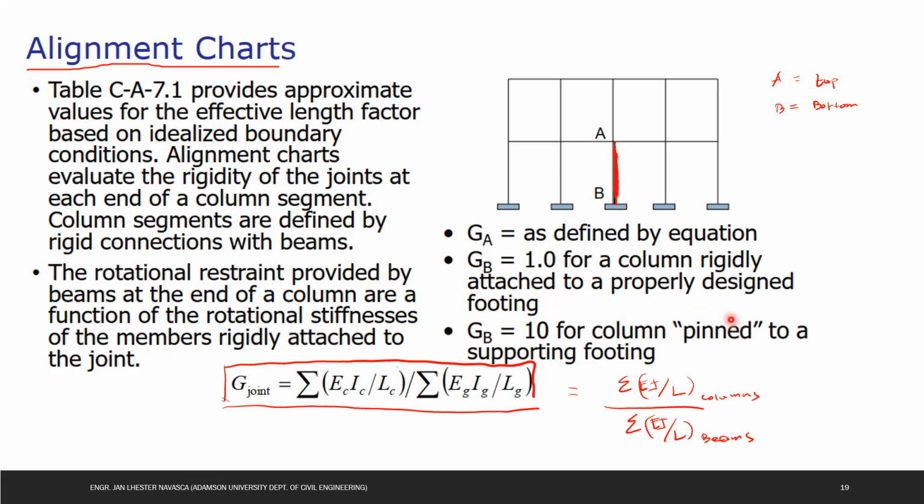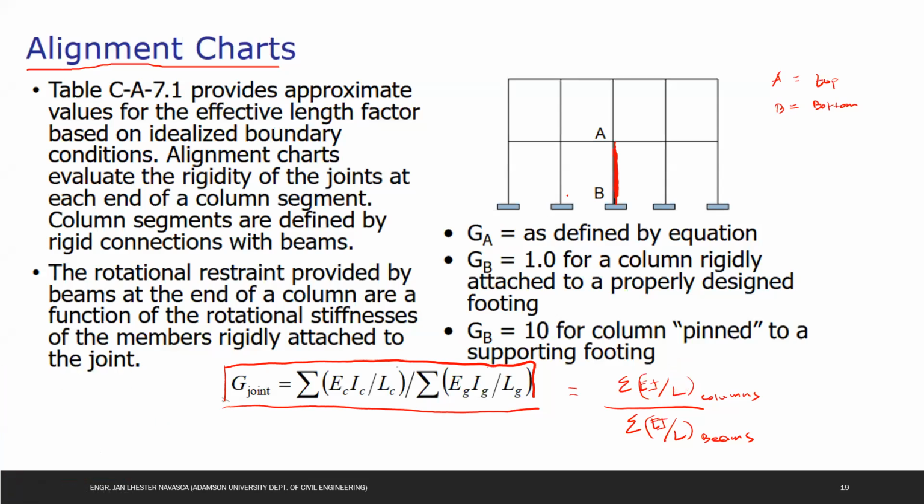Since our column has a fixed support, therefore your GB value is 1.0. Then for GA, you need to solve for the summation of EI over L of columns and the summation of EI over L of beams.